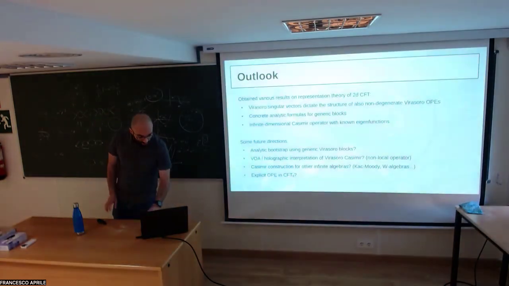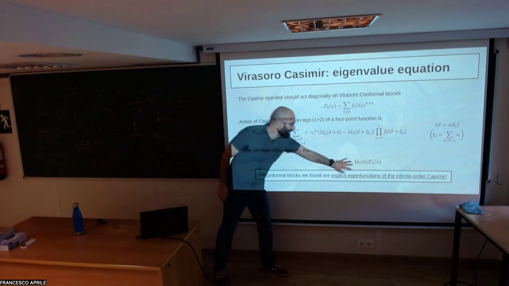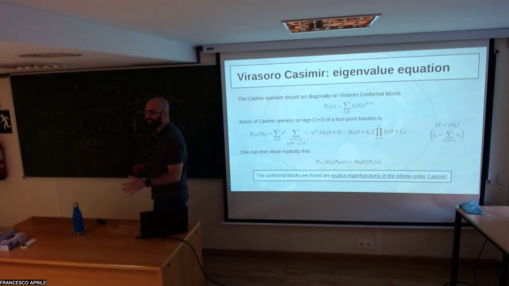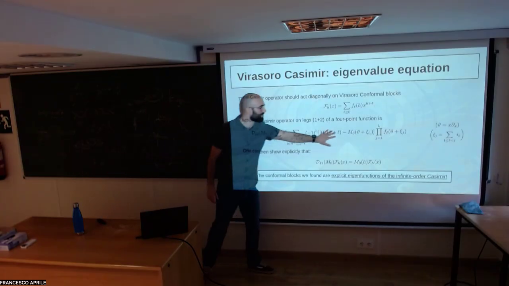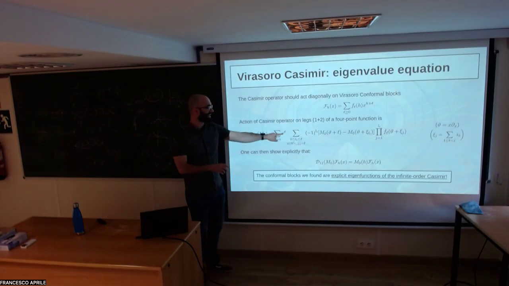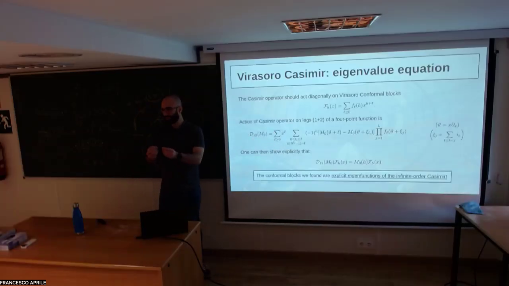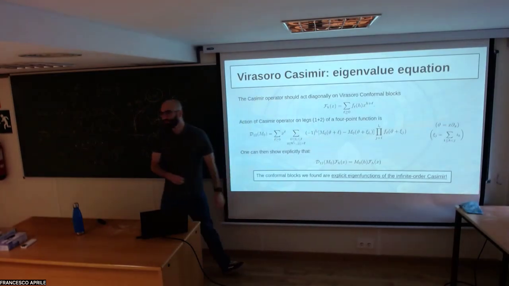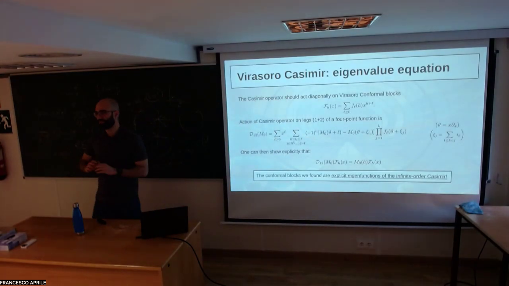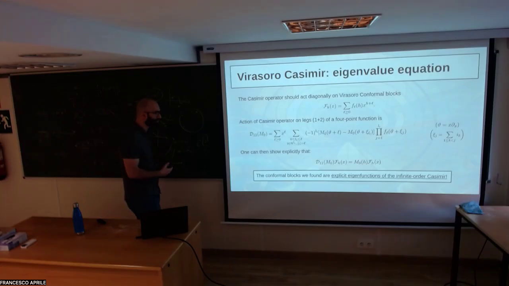Nonetheless, it's infinite order, but we could show that. Here I didn't show it, I'm abstractly claiming that it's the case, but you can actually show it explicitly: if you apply this differential operator, which is organized as a series expansion in the cross ratio, to the conformal blocks, you basically have some simplification, some identities with these coefficients that appear there, and you just have the eigenvalue. So, yeah, I would say there's not much more one can do.